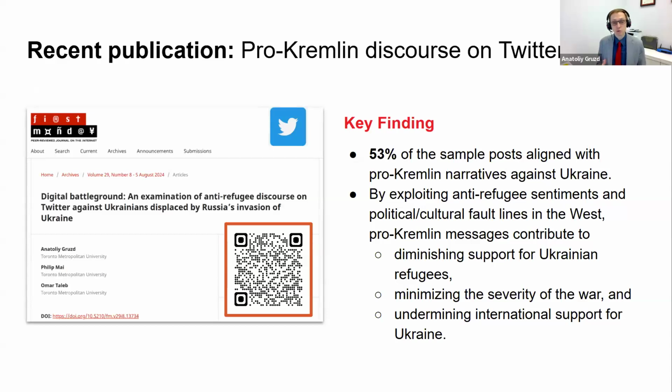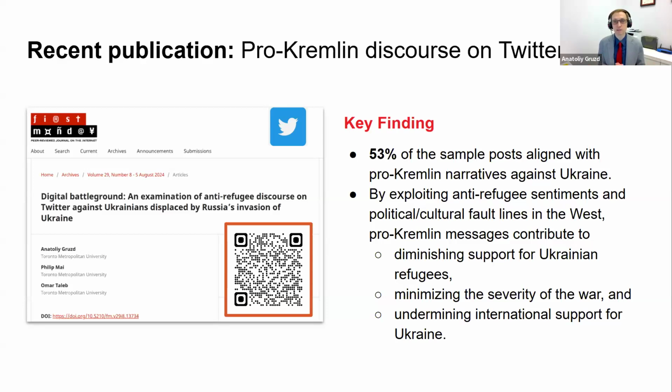Now, moving on to more discourse content analysis of observed social media data, staying within this topic of Russian dis- and misinformation around the Russia-Ukraine war. We also look at the narratives about Ukrainian refugees, who is shaping them, how they've been weaponized. This was our last paper from when we still had access to the Twitter Research API. It came out last year in First Monday, looking at messages mentioning immigrants, refugees, displaced individuals from Ukraine in Europe and other countries.